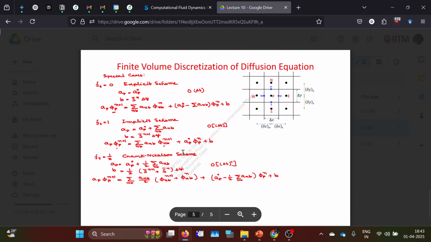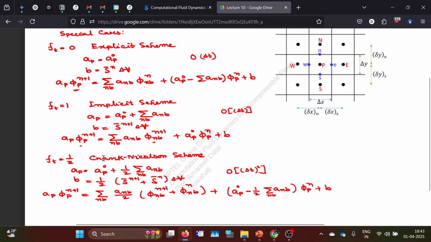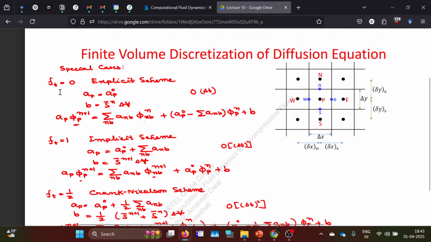Then after all the dirty math, let's take a look at this one only, the explicit scheme. And also we cast the problem into this form where aP phi P equals some summation over aNB phi NB plus something. So can I here write dNB? What difference does it make? It doesn't matter. Yeah, it's the same.